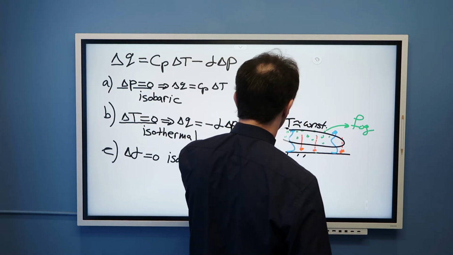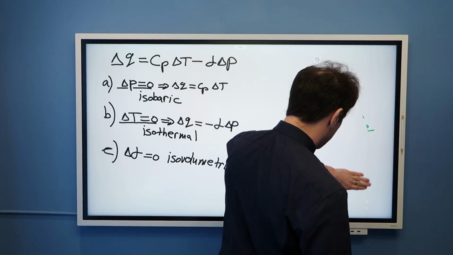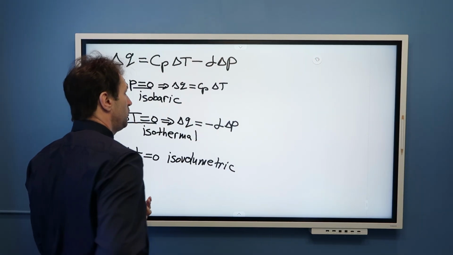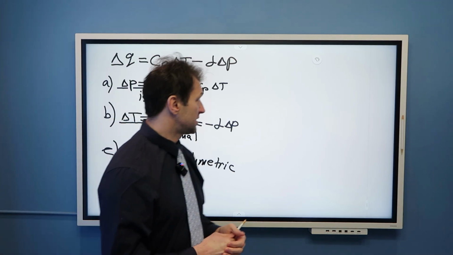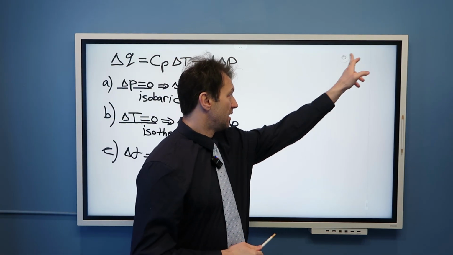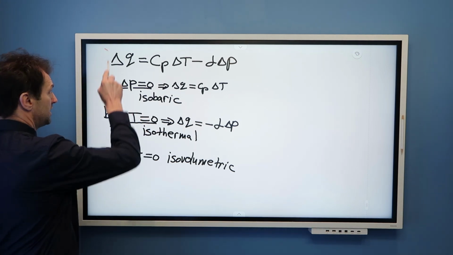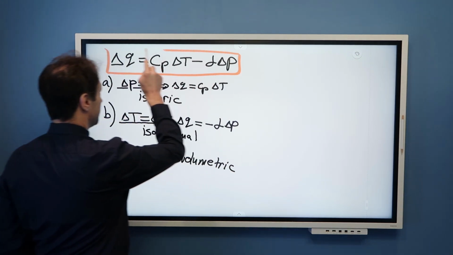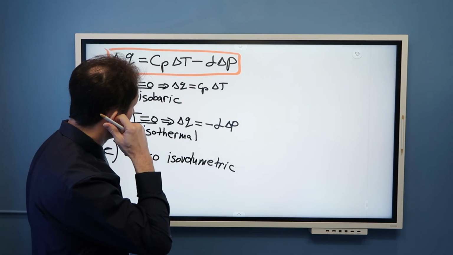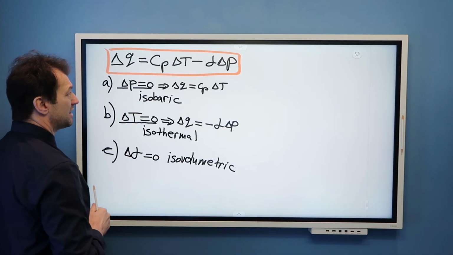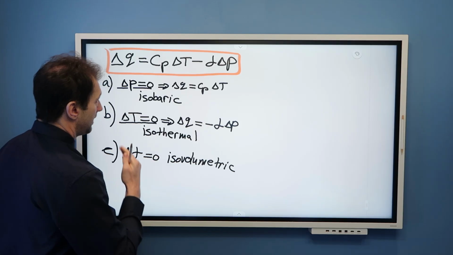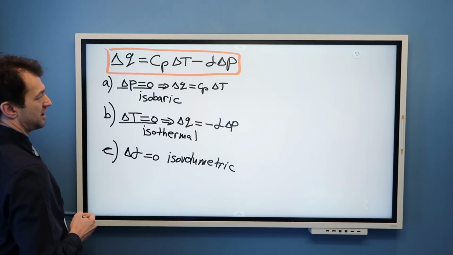So this was the discussion of the first law of thermodynamics. It is one of the fundamental laws in physics and therefore in atmospheric physics and atmospheric sciences as well. We will use this law extensively in our next videos to study the so-called adiabatic processes. And then finally, what is an adiabatic process?